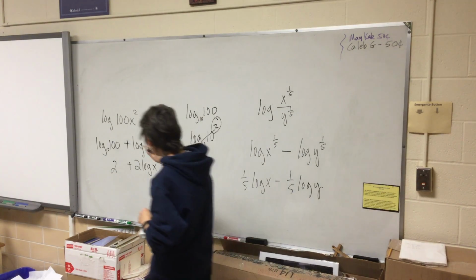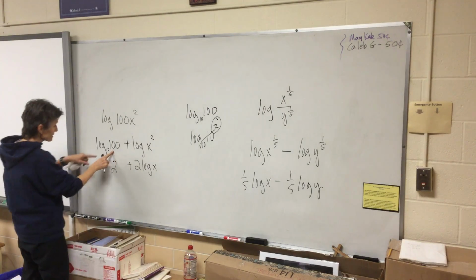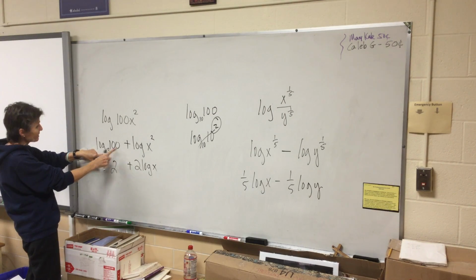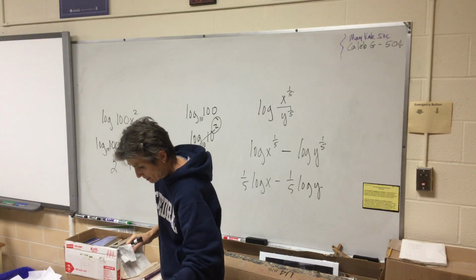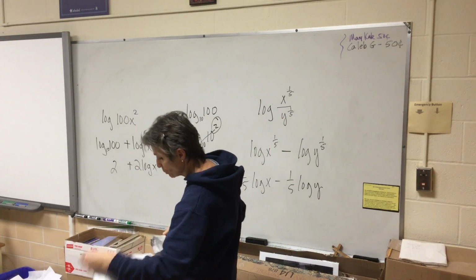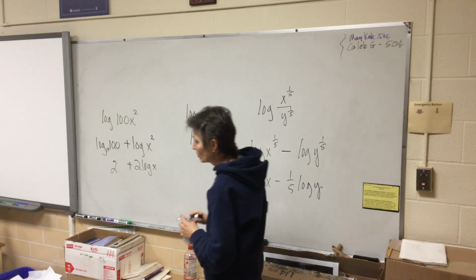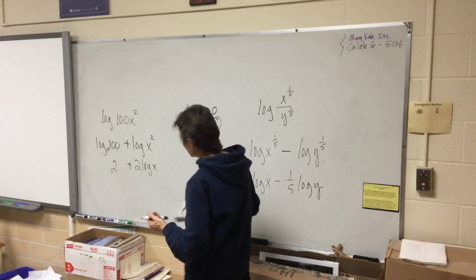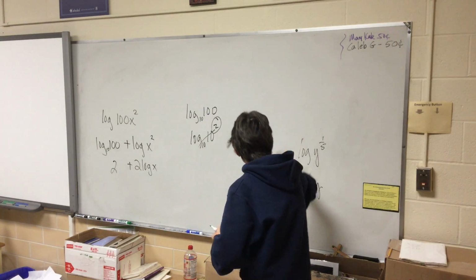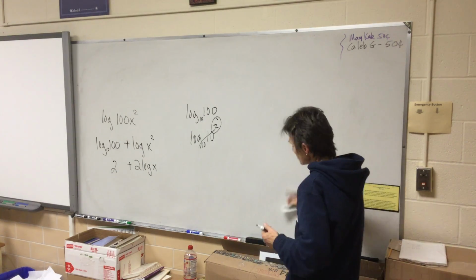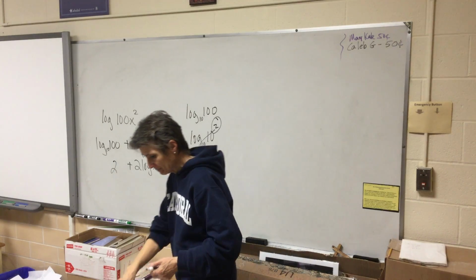So if this number is a power of your base, you got to simplify. If it's not, then you don't have to worry about it. Like one of our problems we did earlier, we got like log 48. We didn't have to simplify that because 48 isn't a power of 10.